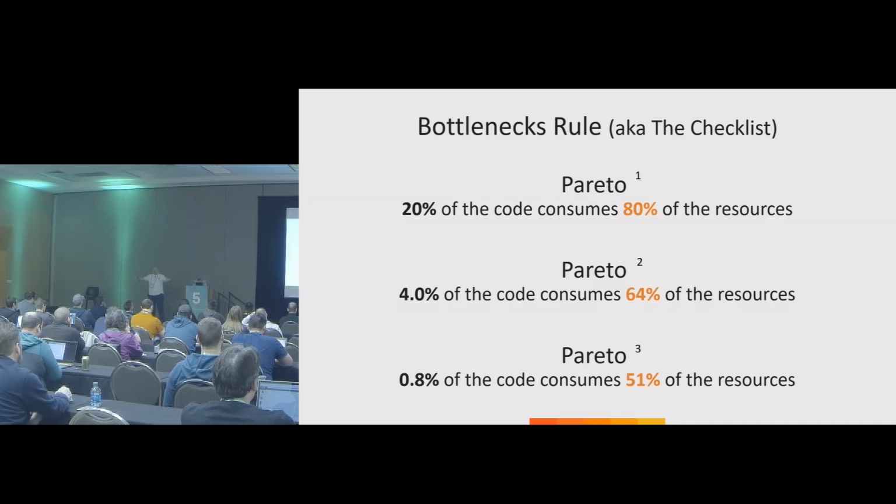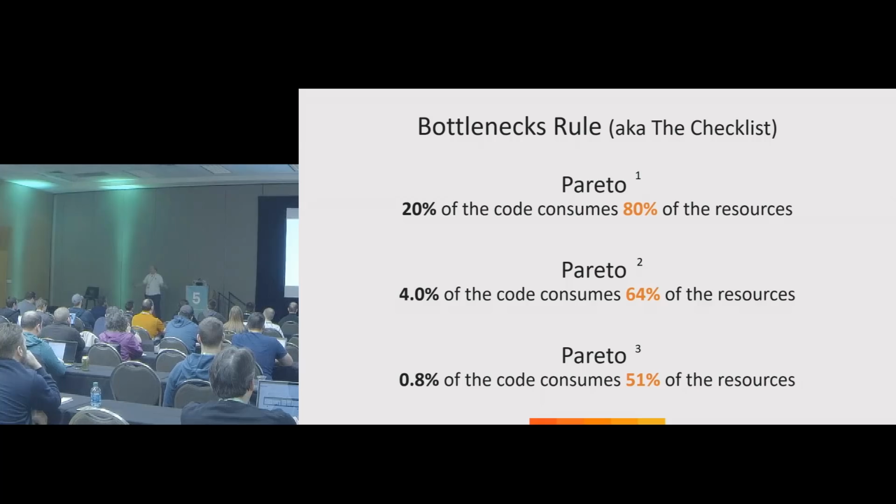Now, square it. This means that if 80% of resources at the first level is caused by 20% of the code, now if you square it, essentially what you have is that 4% of the code is actually responsible for 60% of the resources. And if you do it again, you go cubic. Now 0.8% of the code consumes half the resources.